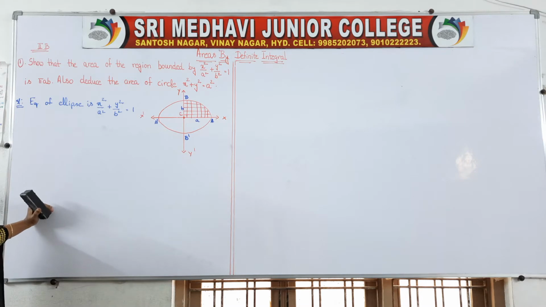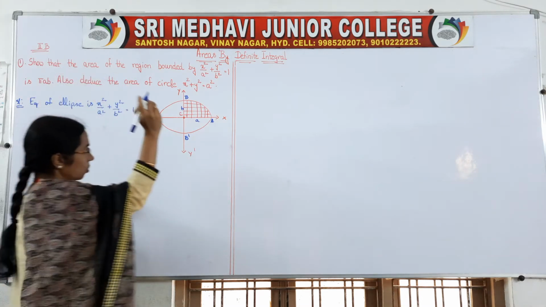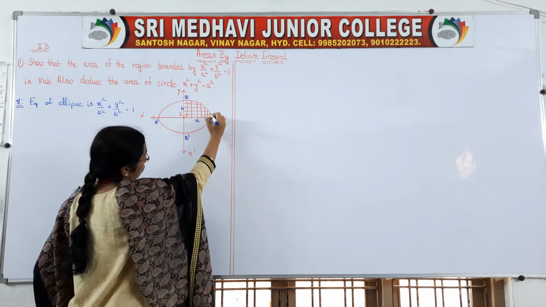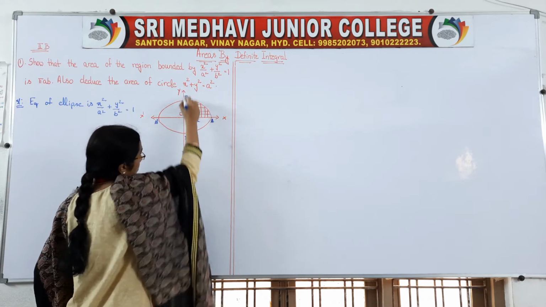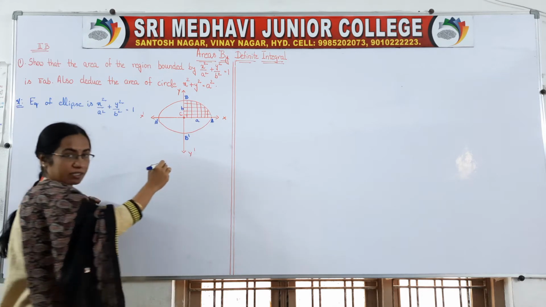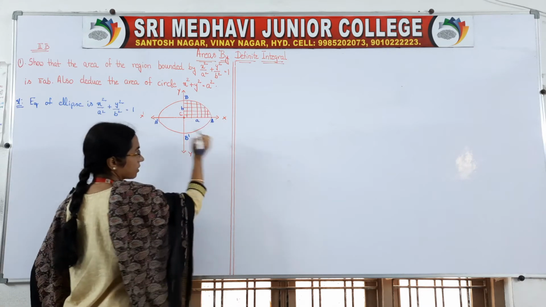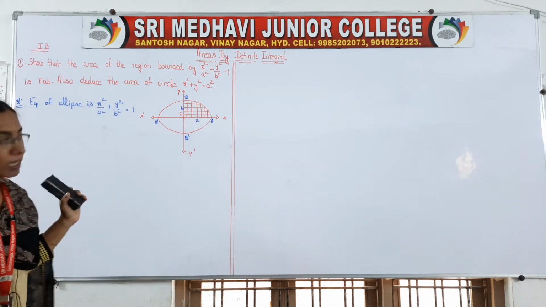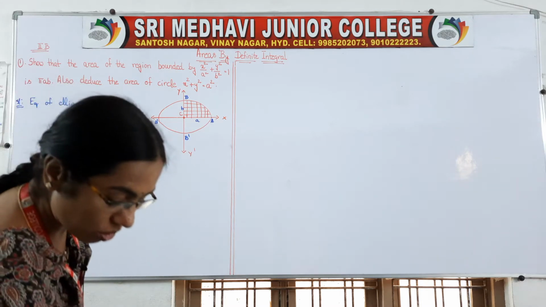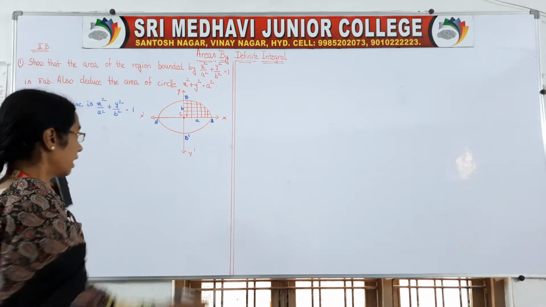Okay, and it is a symmetrical curve. So I will take only the area of this curve from x is equal to 0 to x is equal to a, right?